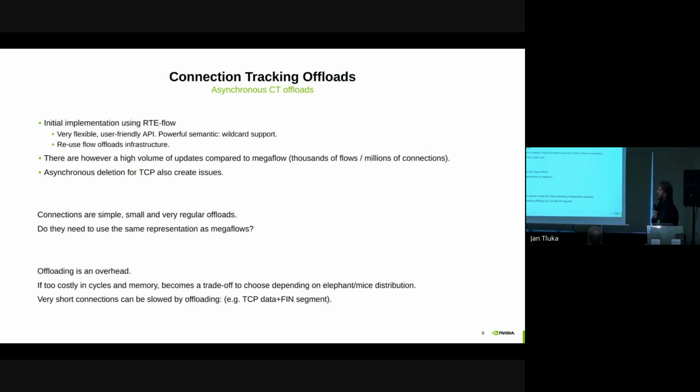For example, you could have very, very short connections with the data embedded with the FIN segment. And as a result, you will have absolutely zero packets processed in the hardware for the TCP connection. So that's an issue. In the future we plan to increase that, but if for now you cannot increase the number of packets that will be processed by the hardware offload, then the only alternative is to reduce the cost, to reduce the overhead of the offloading process.